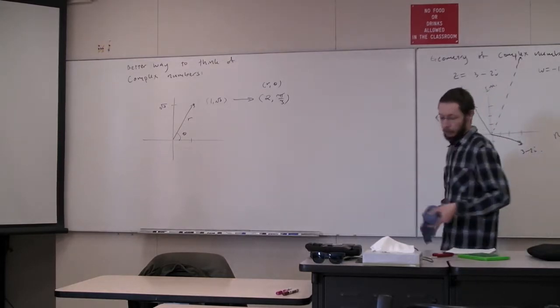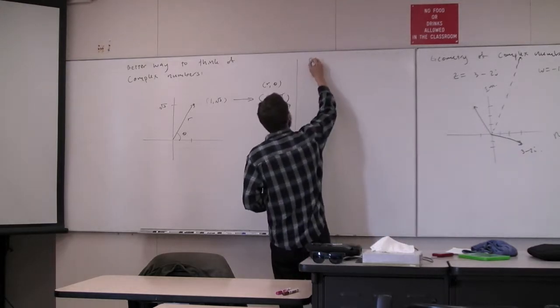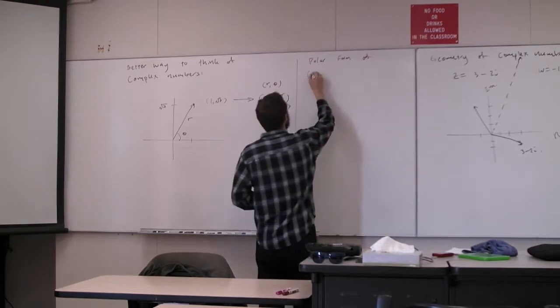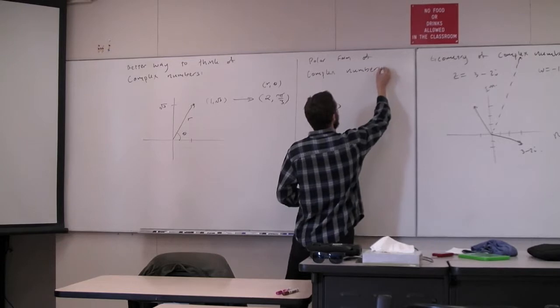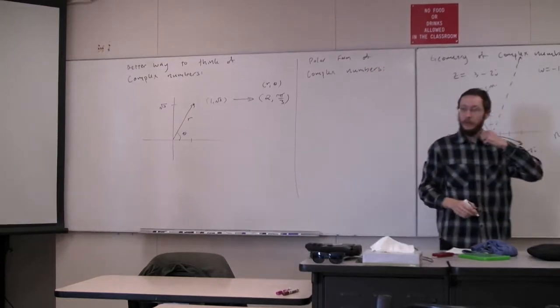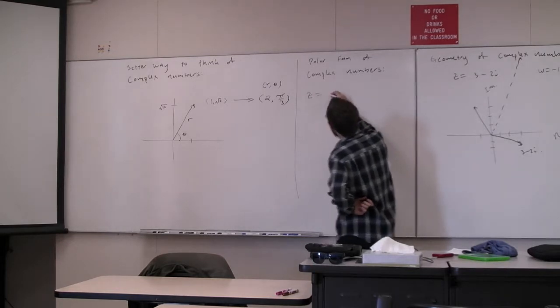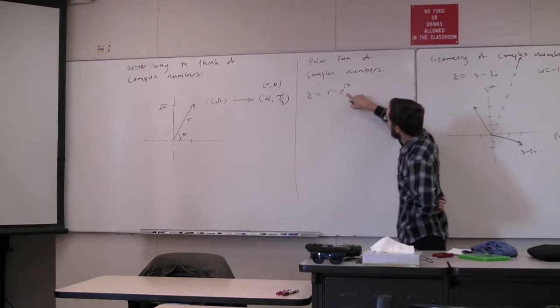And so the polar form of complex numbers says we're going to write a complex number as r e to the i theta, okay?